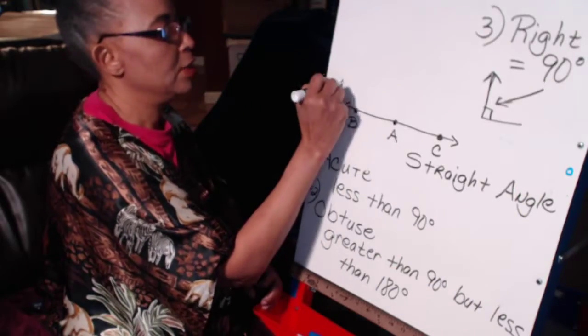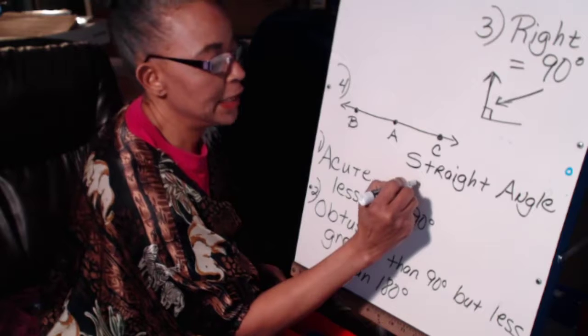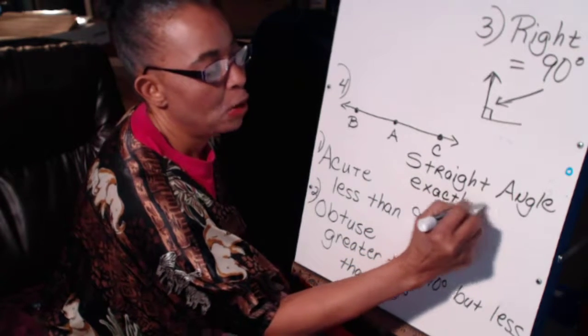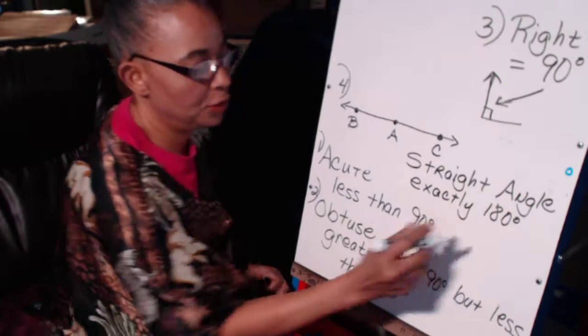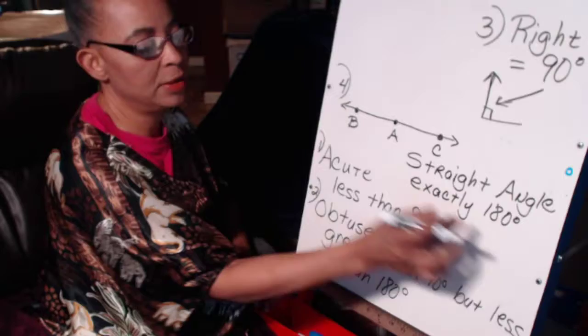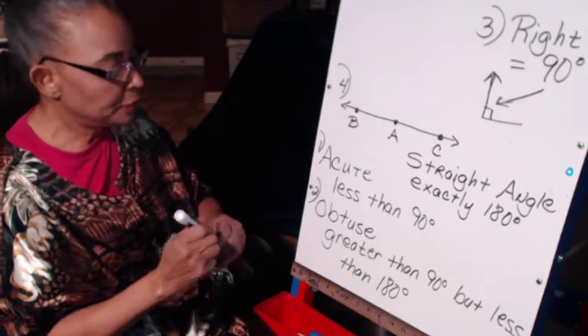That is angle type number 4, which is exactly 180 degrees. Two 90s. 90 here plus 90 here gives us 180 degrees.